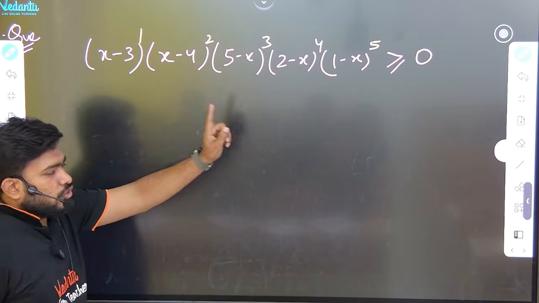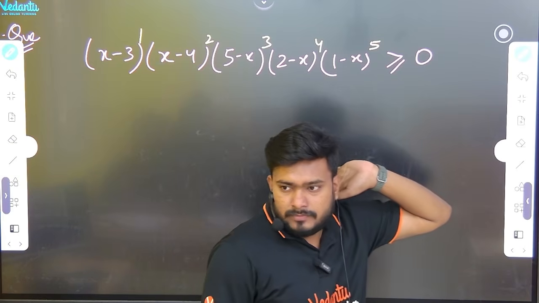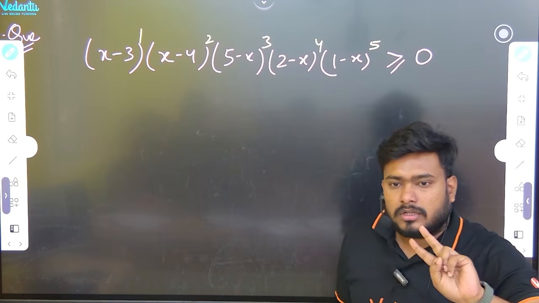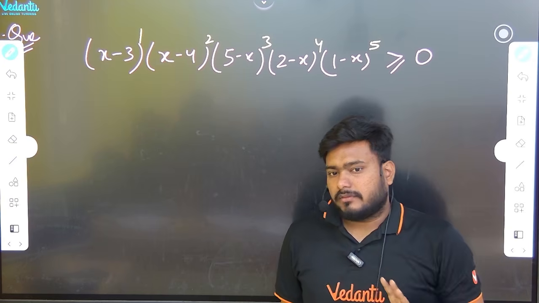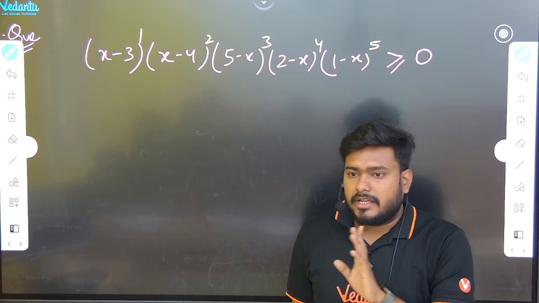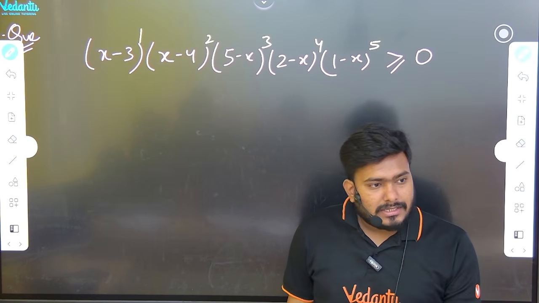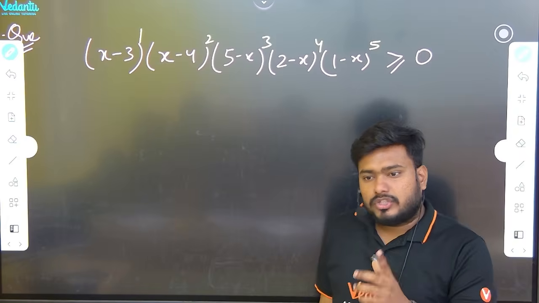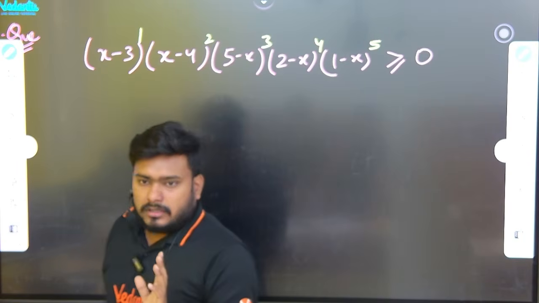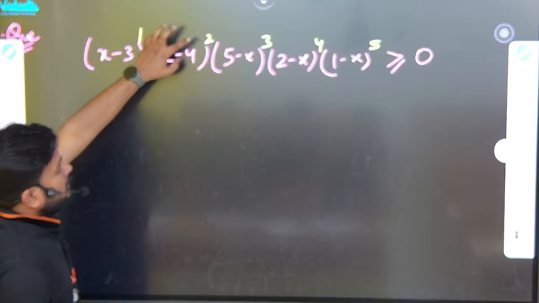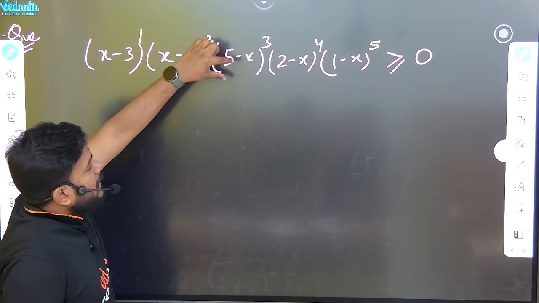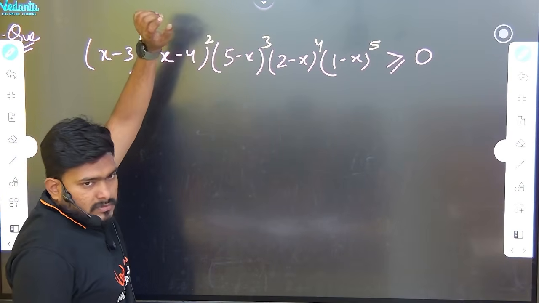First rule is RHS should be 0. RHS is 0. Second is what? Coefficient of x must be positive. Some brackets it is already positive, but some brackets it is what? Negative. I need to change that. First bracket is okay or not? Okay. Second bracket? Third bracket? Not okay. In the third bracket I need to change this.